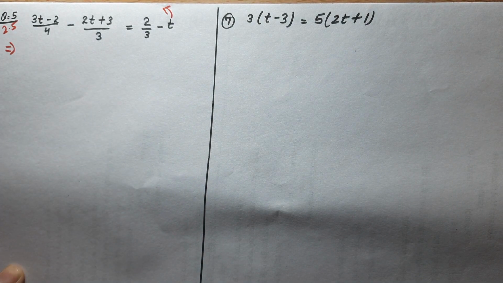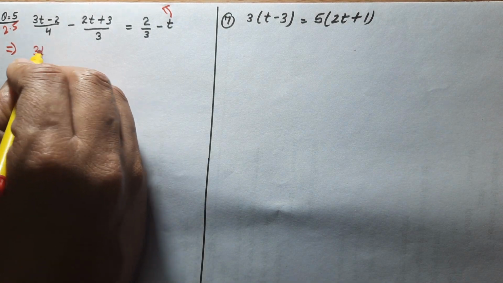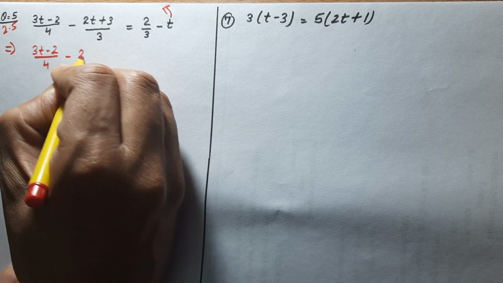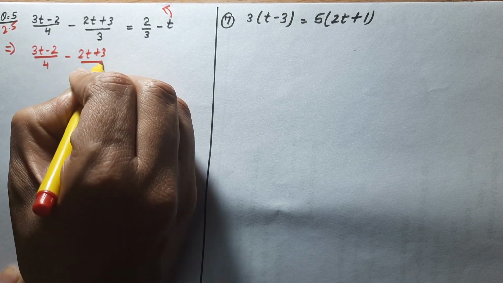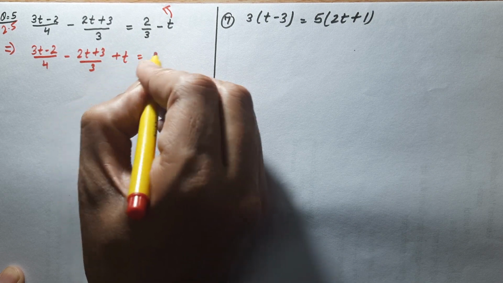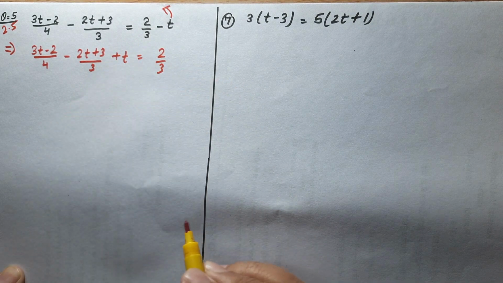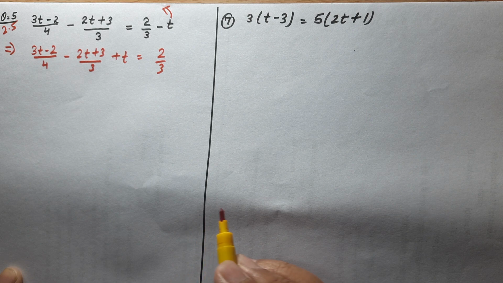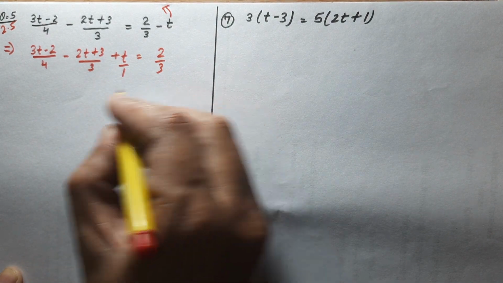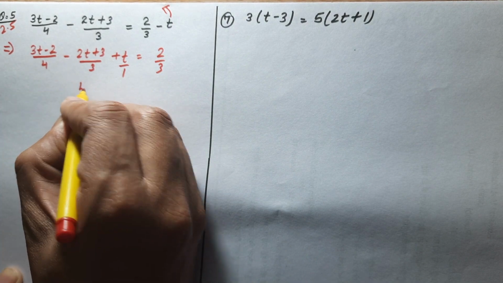Hope this is clear. Minus will change into plus. 3t minus 2 over 4 minus 2t plus 3 over 3 minus t, that will change into plus t, and we are left on right hand side with 2 upon 3. Here it will be 1. Now we will take LCM. LCM of 4 and 3 is equals to 12.